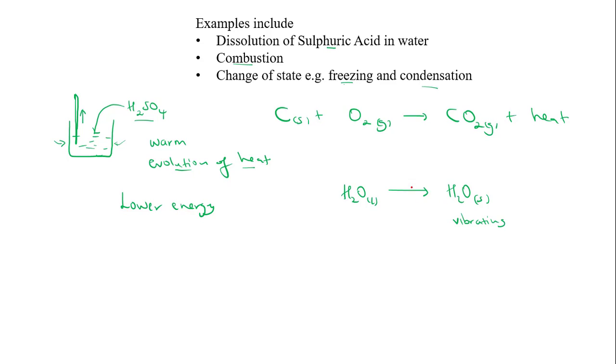So for this to happen, there must be loss of heat. That's why you will see that for you to turn water into ice, you have to cool your water first. So basically, these are some of the common examples of exothermic reactions. Heat being given out.